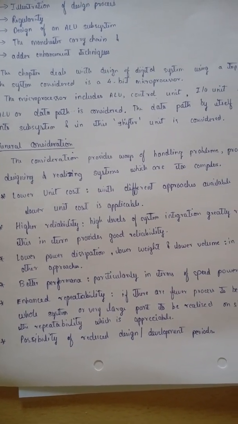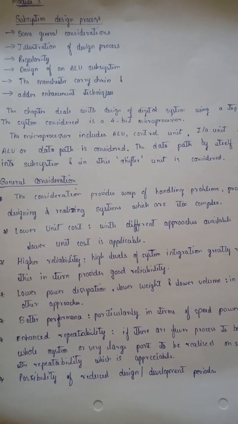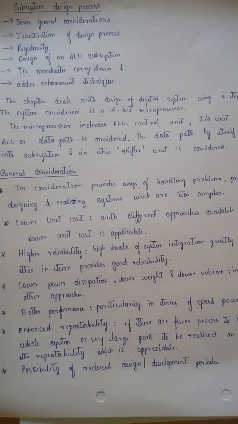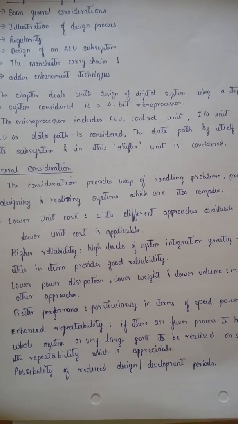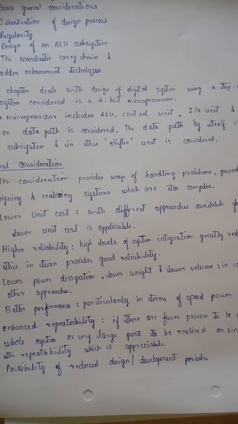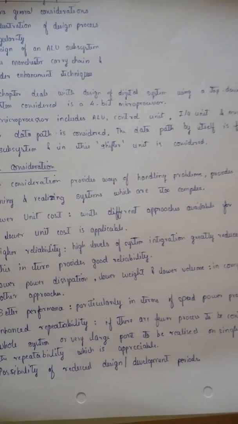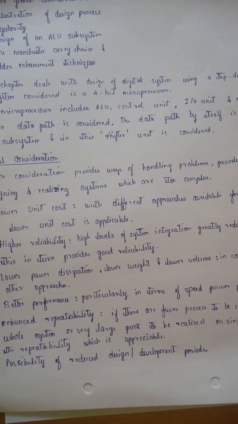Second one is partitioning the system sensibly. Partitioning the system means the big design has to be split up into smaller subsystems. Next, aiming for simple interconnections, then high regularity within the subsystem, and generate and then verify each section of the design.